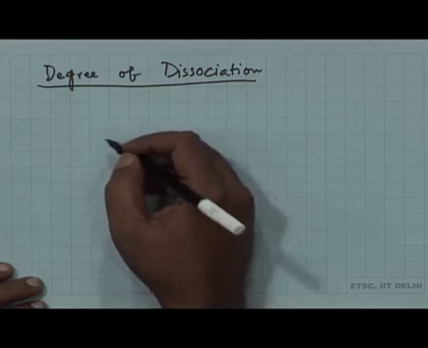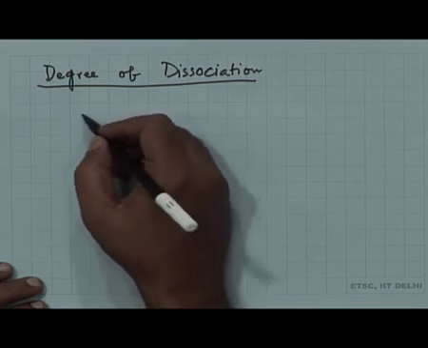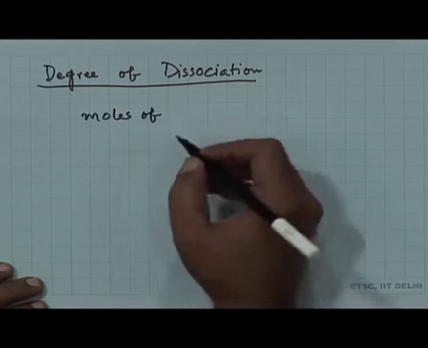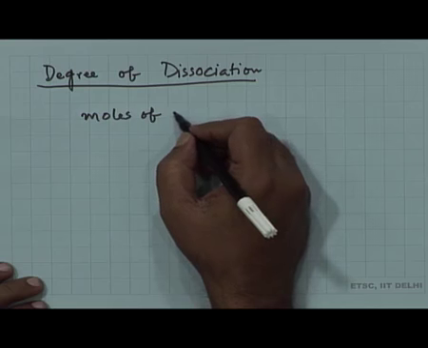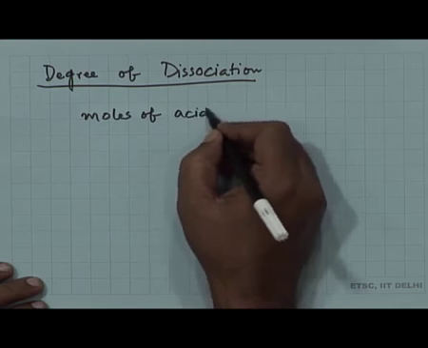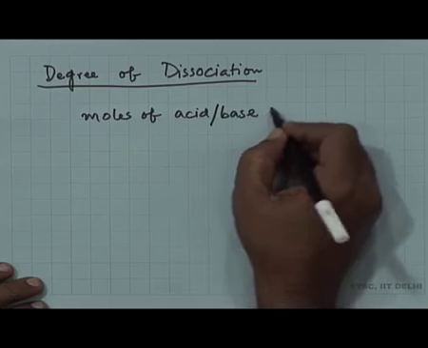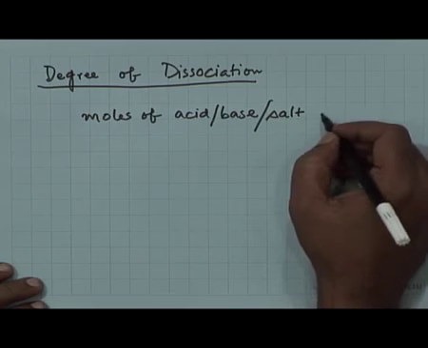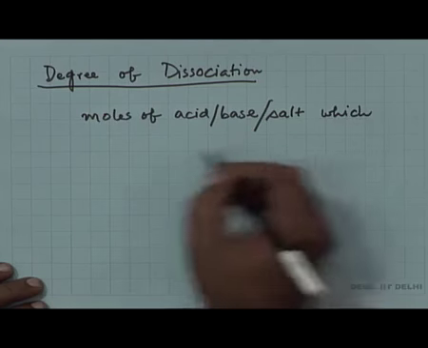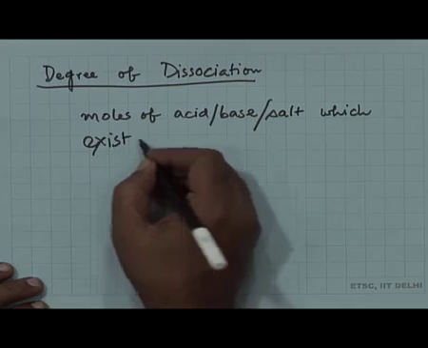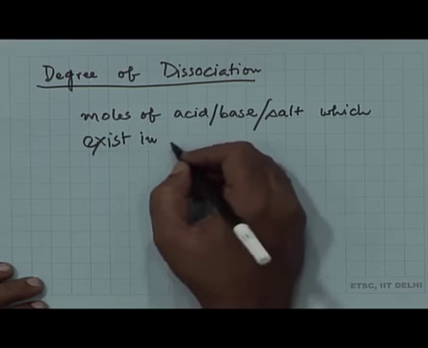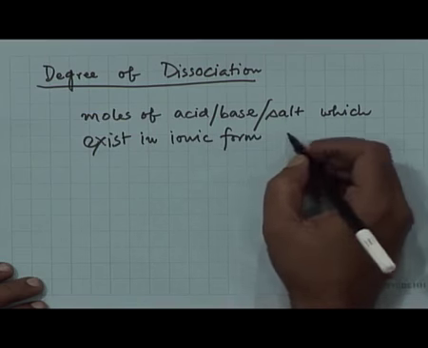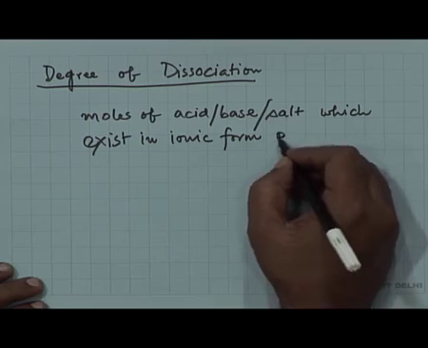So, degree of dissociation is the moles of acid, base or salt which exist in ionic form, per mole of acid, base or salt.